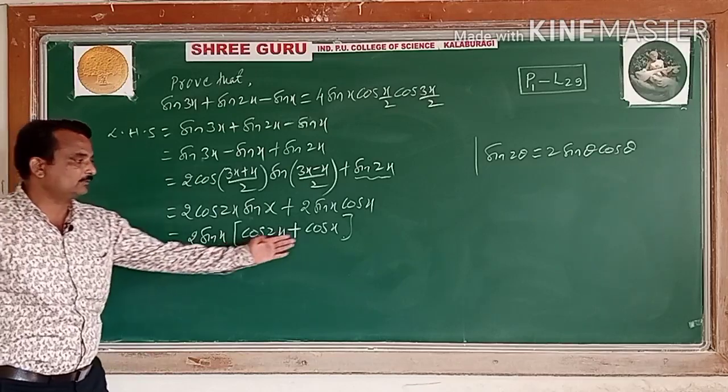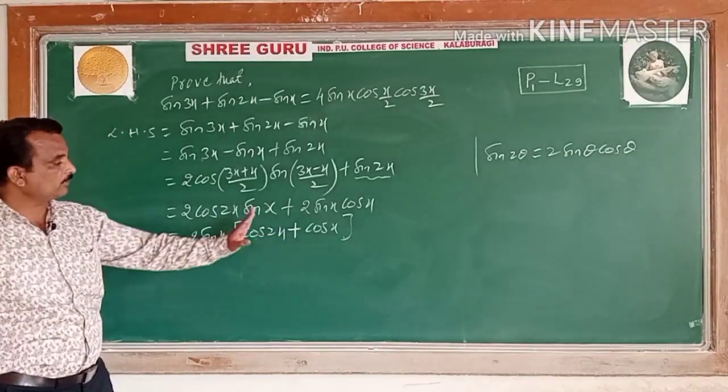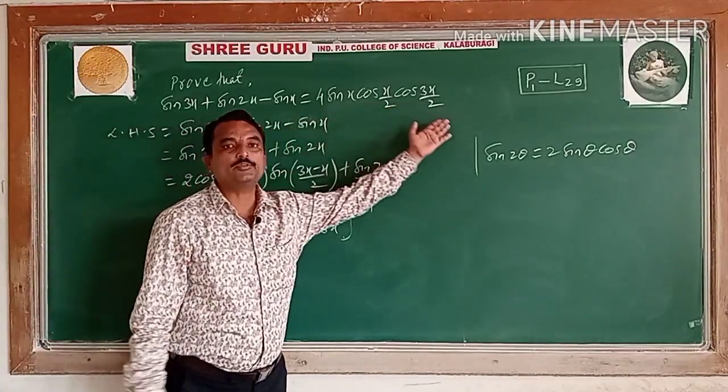Let us apply cos c plus cos d. You will get it in terms of both cos, and you need it in terms of cos also.